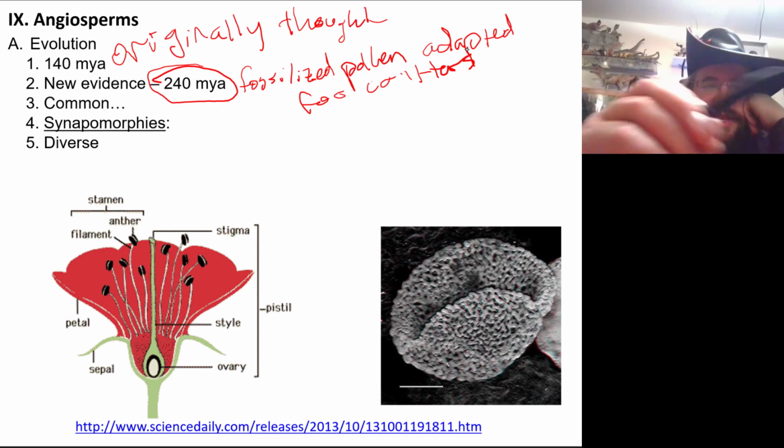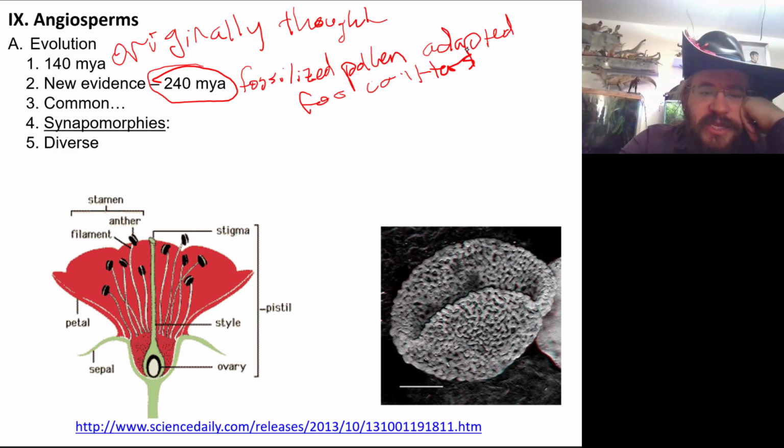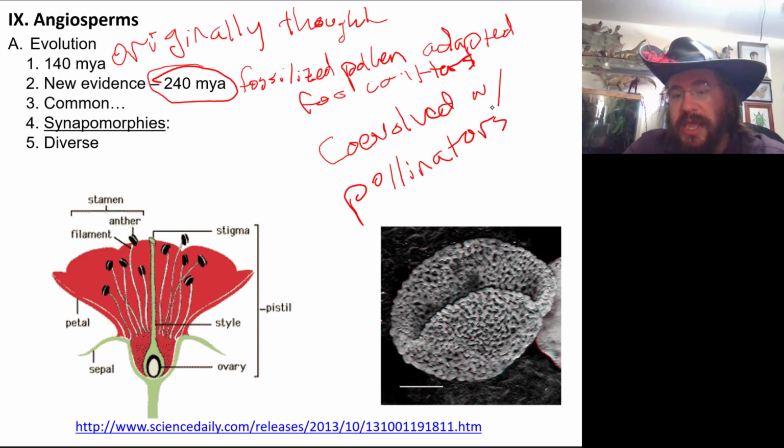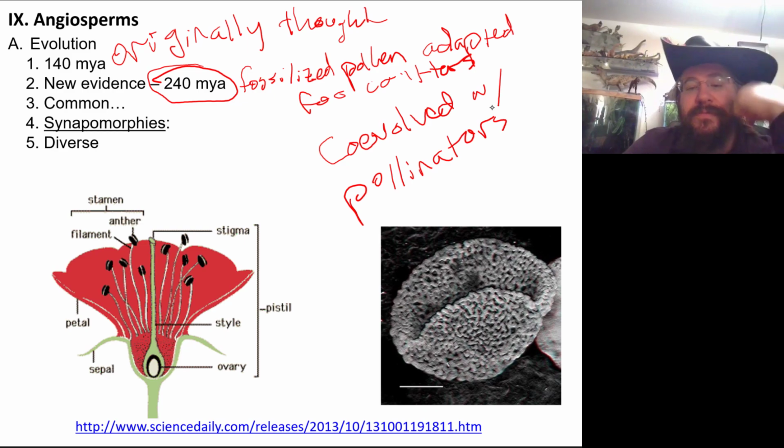So one of the big deals about angiosperms is that angiosperms co-evolved with pollinators. Mostly insects, but not always, hence critters.